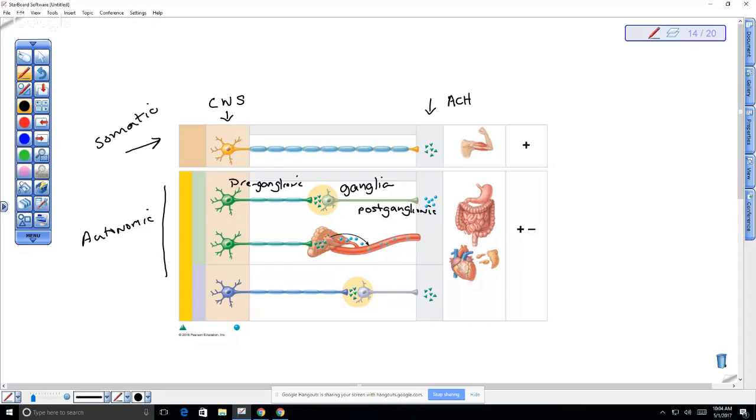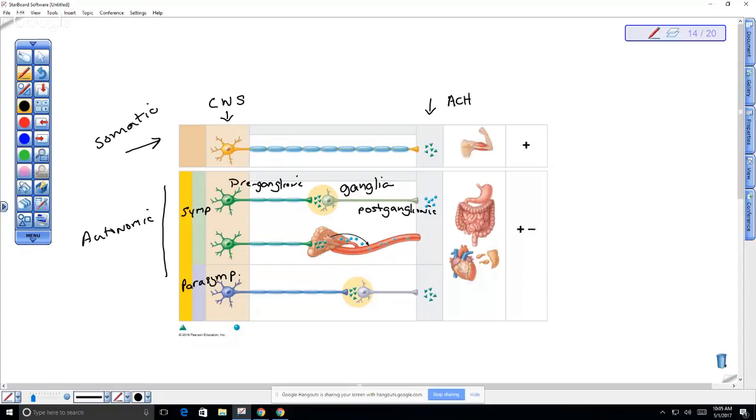Okay. Now, this would be the parasympathetic division right here. And it releases into the synapse the same type of, actually, is that parasympathetic? No, this would be sympathetic, sorry. So this is sympathetic. And this is parasympathetic. Okay.